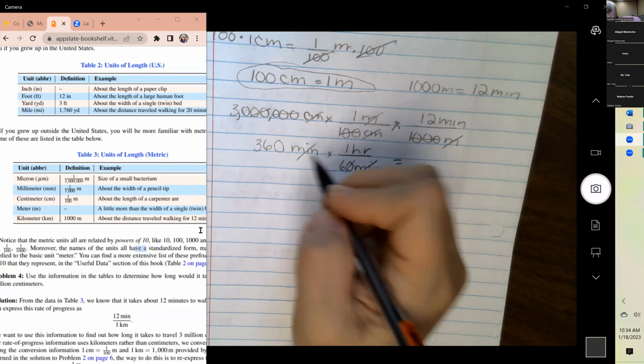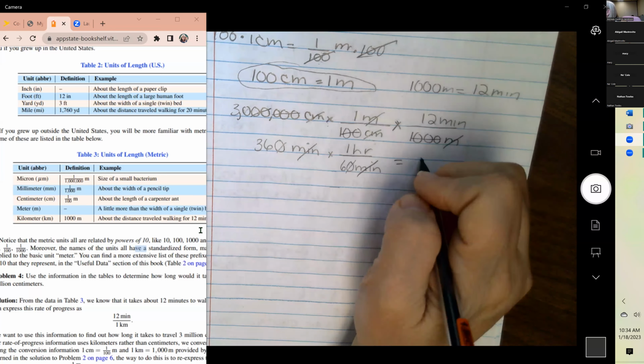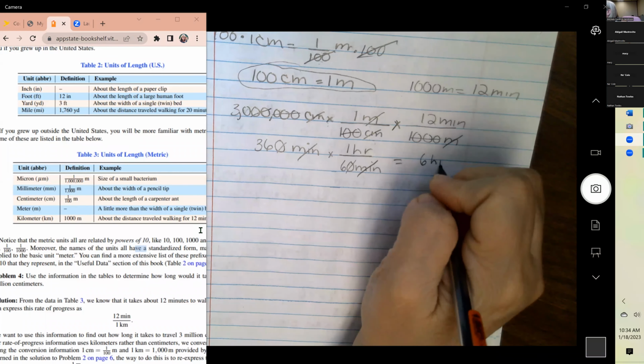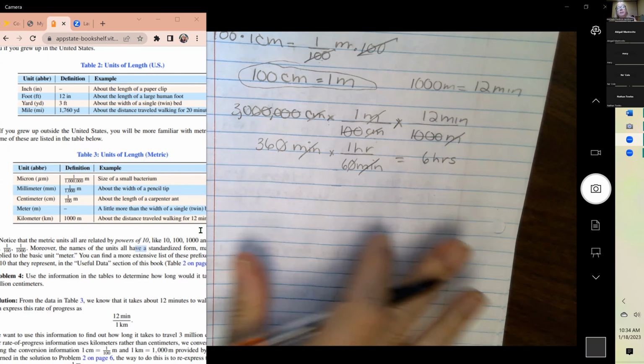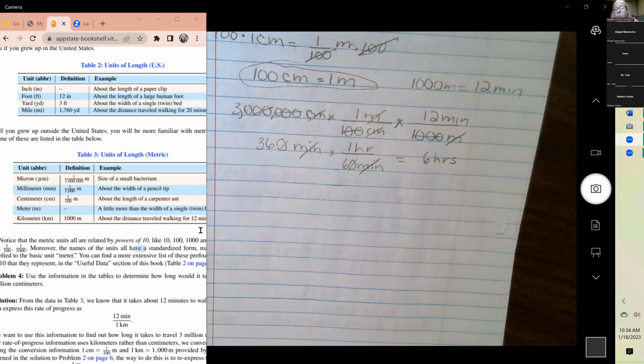The zeros are going to cancel. 36 divided by 6 is 6 hours. So it takes 360 minutes or 6 hours to walk 3 million centimeters. Any questions on that?